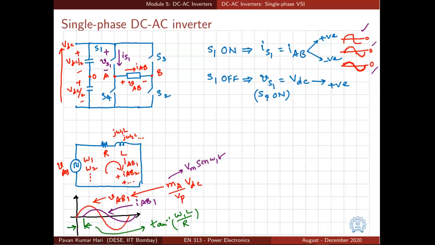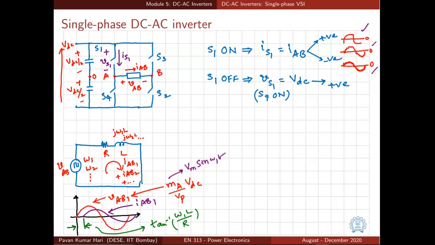So when we command S1 to turn on or S4 to turn on, whether the current flow is upwards or downwards in S1 or S4, it is not in our hand. It is in the load's hand. The load will decide, because the load has inductive nature.